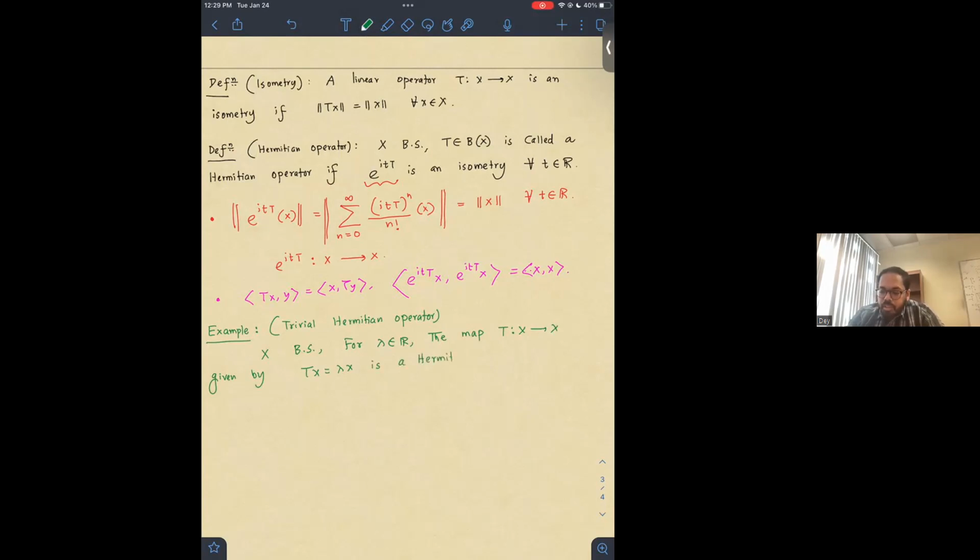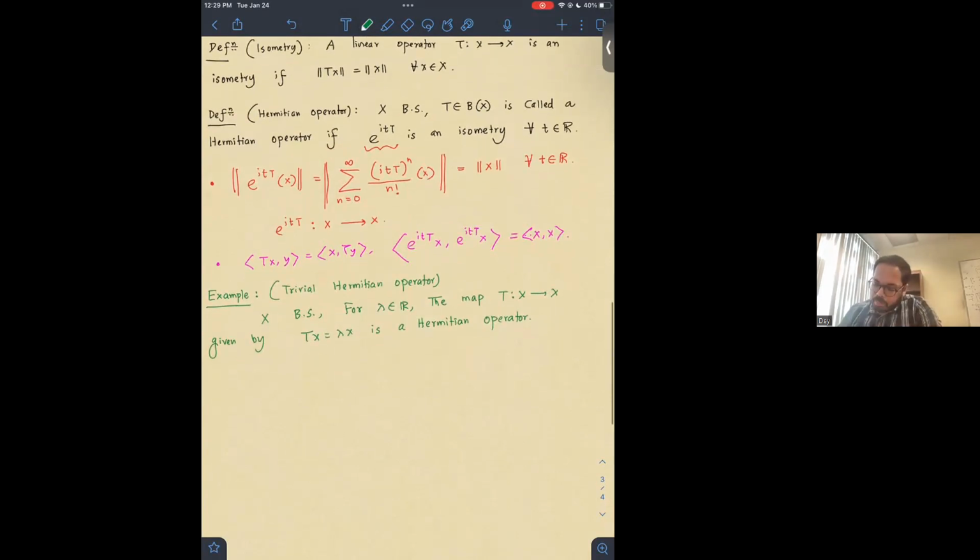And it is very important that this scalar has to be a real number. It may not be true if the scalar is a complex number. So if you have a real number, any operator which looks like this, a scalar multiple of the identity, is indeed a Hermitian operator. And it has a name: it is called a trivial Hermitian operator.